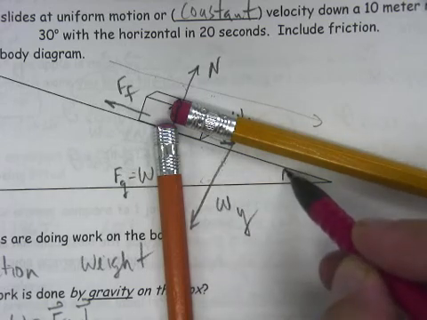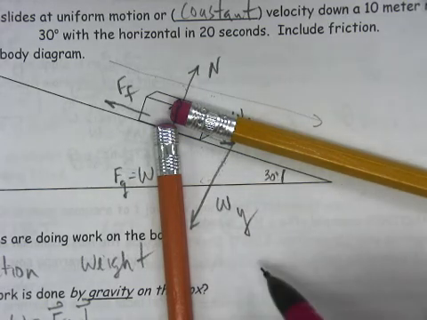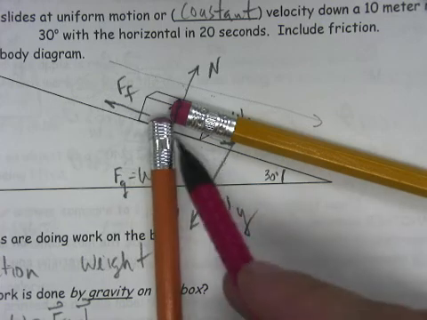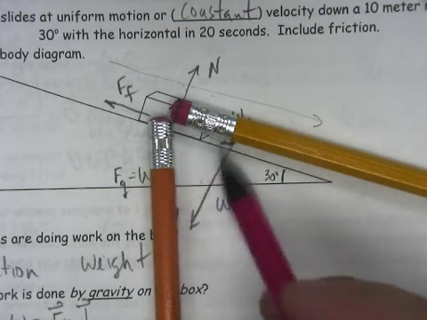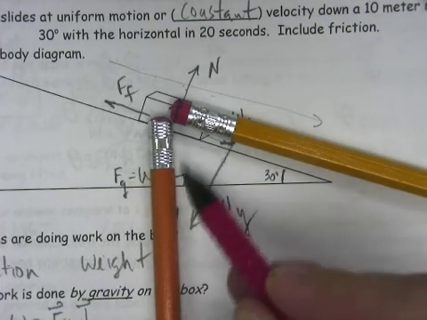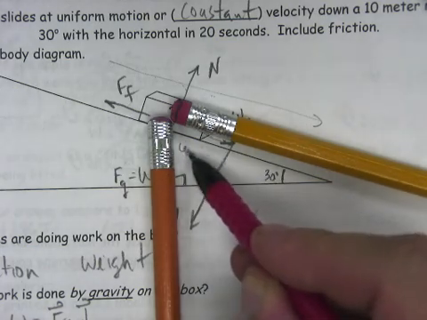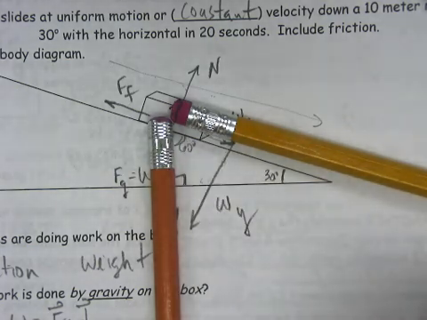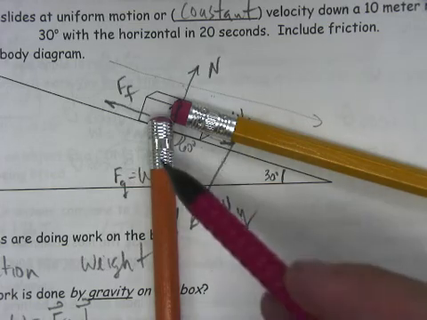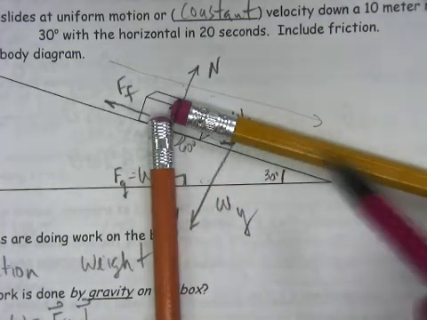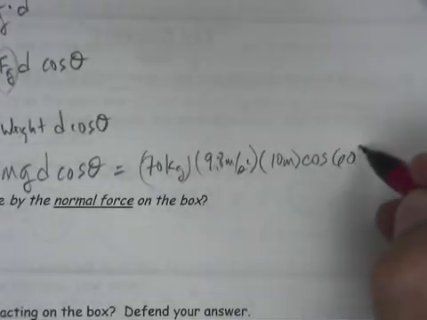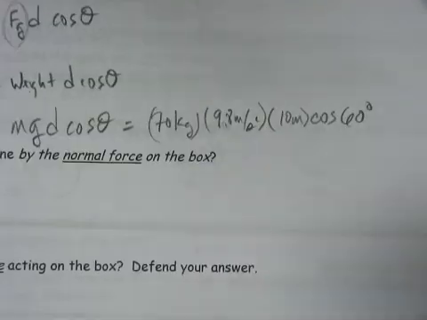In the problem that they set up, they said this was 30 degrees. So the question is, what is this angle? Well, we know this is 90, and if this is a right triangle and this is 90 and this is 30, then this has to be 60 degrees. So it's a 60-degree angle between the weight and the motion. We'll use that down below. So I'll go ahead and plug that in. So 60 degrees. All right, plug this in.